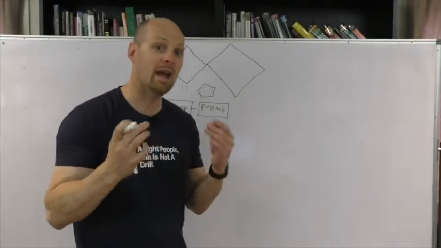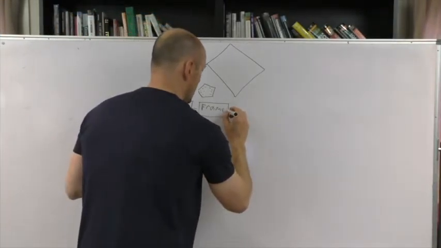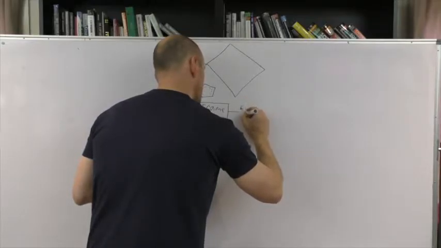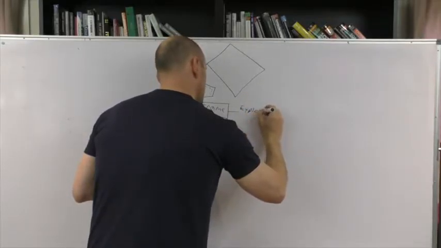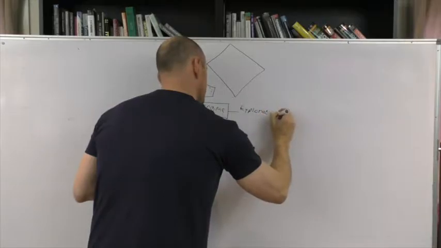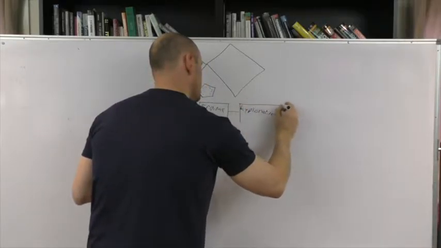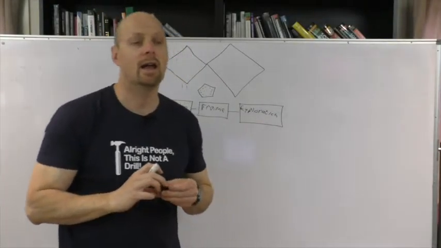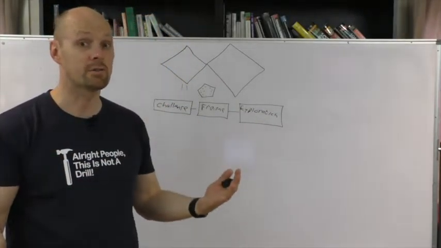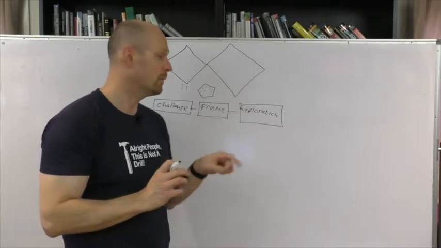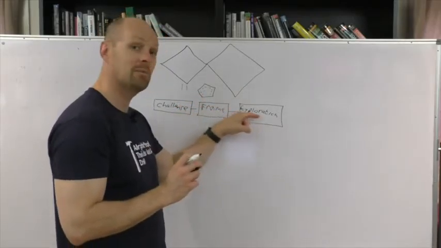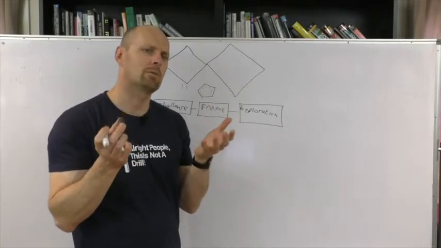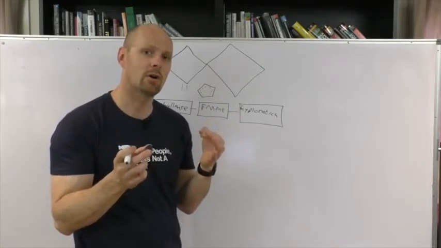Once we have the frames, we're able to go through a stage of exploration. The exploration is in the discover phase, and that's where we want to get out there and ask a whole bunch of questions. So if we're going to frame the exploration using this technique, that's going to help us figure out what type of questions we want answered.